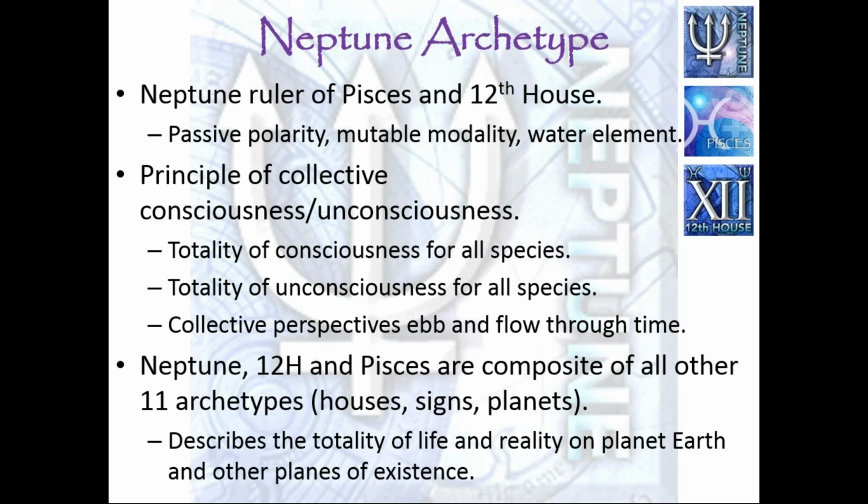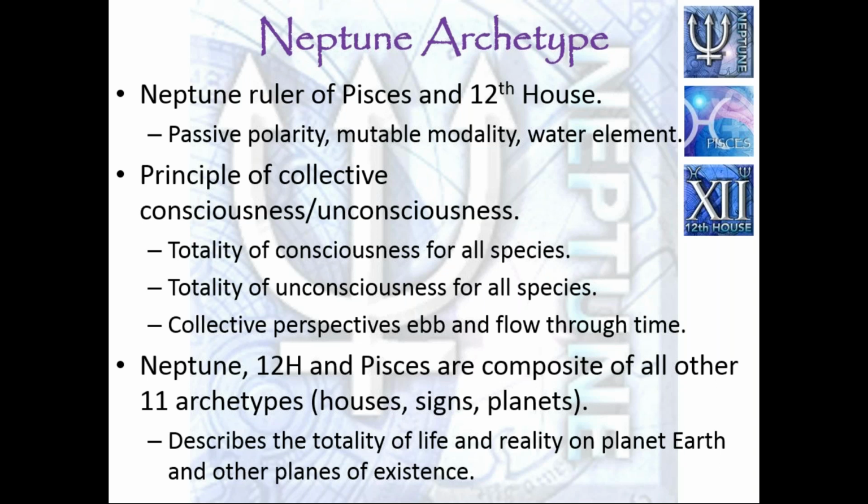One of the most basic principles of Neptune is that it is the principle of the collective consciousness, unconsciousness. Yes, we can think of this from the perspective of humans, but we can extrapolate this last of the 12 archetypes out to include all species. It's the totality of consciousness for all species, two-legged, four-legged, flora, fauna, however you want to look at it.